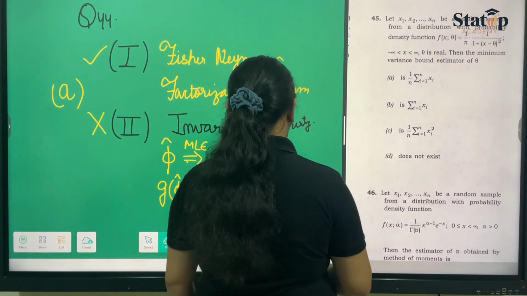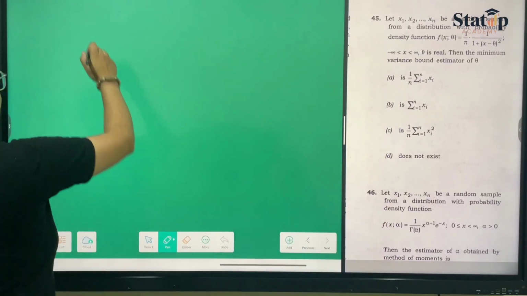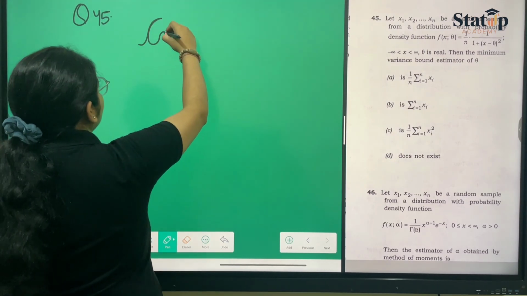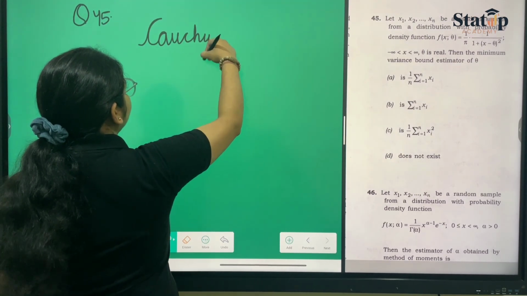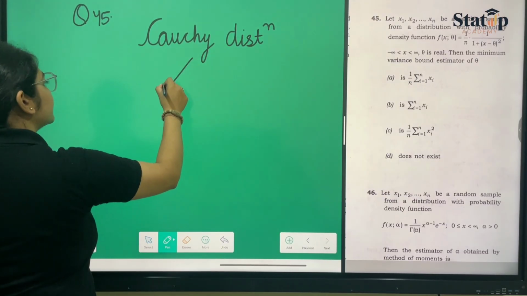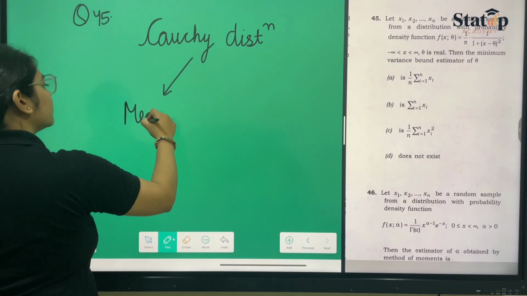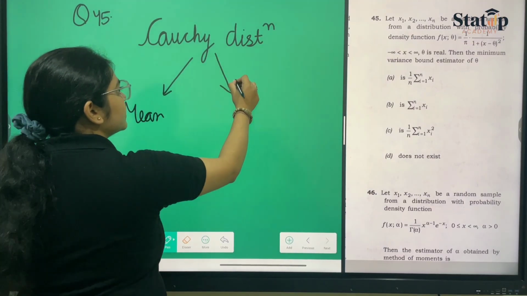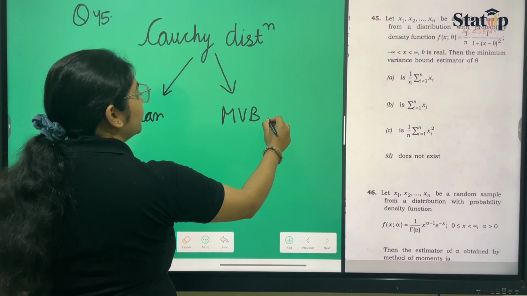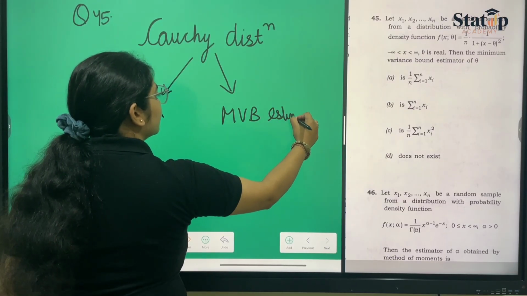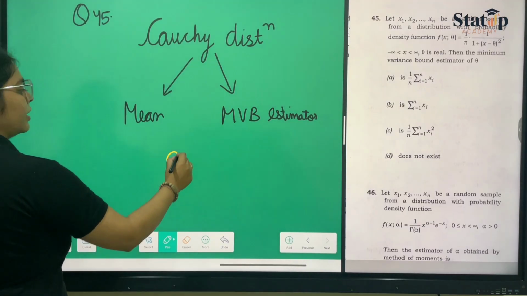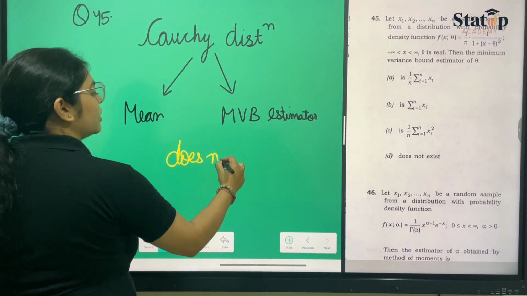Now moving towards question number 45, the best question in which we don't have to do anything. Whenever the Cauchy distribution comes, and if they ask us about the mean, or about the minimum variance bound, MVB estimator, our only answer will be that it does not exist.